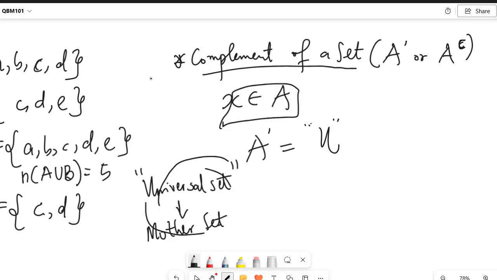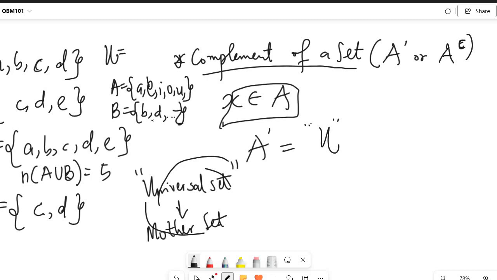For example, if I say that I have a set A that is vowel letters, and I have a set B that contains consonant letters. Now what this means is that the universal set here is going to be, let's say, what do you think the universal set will be?